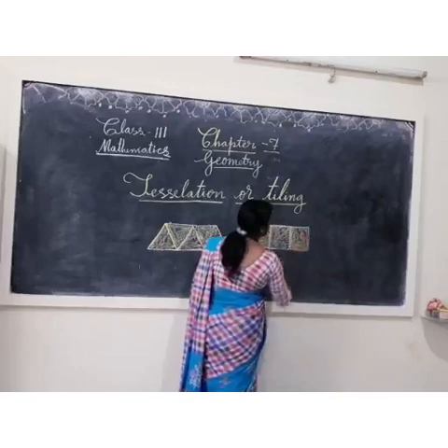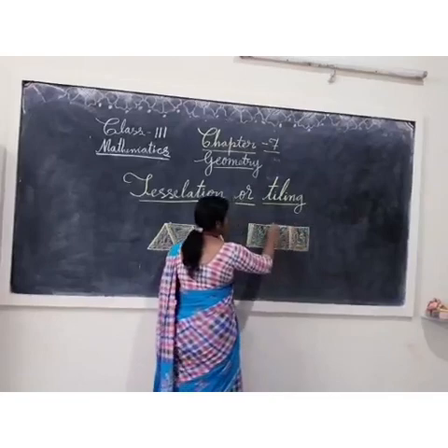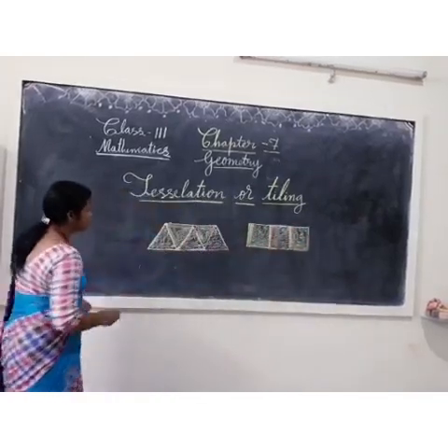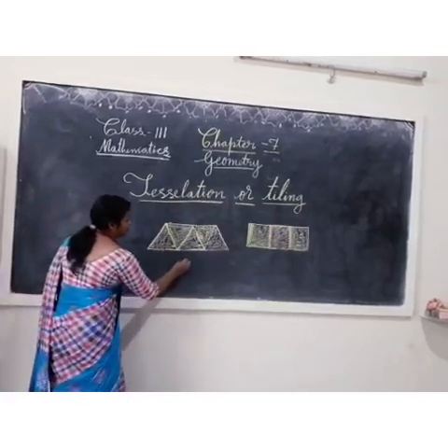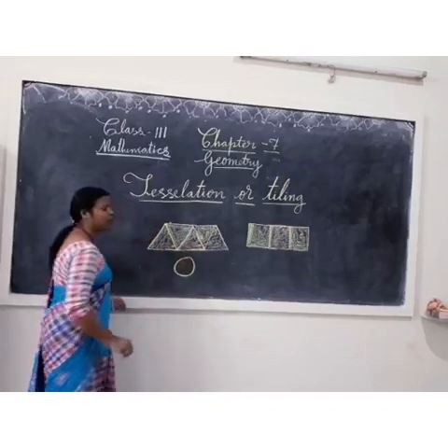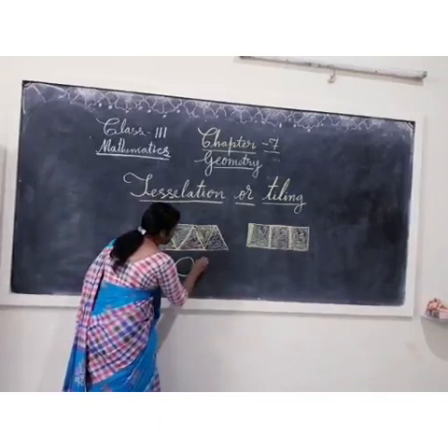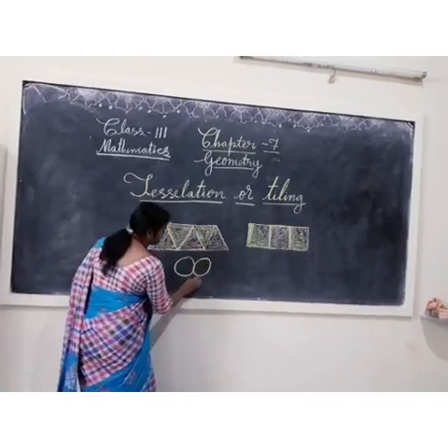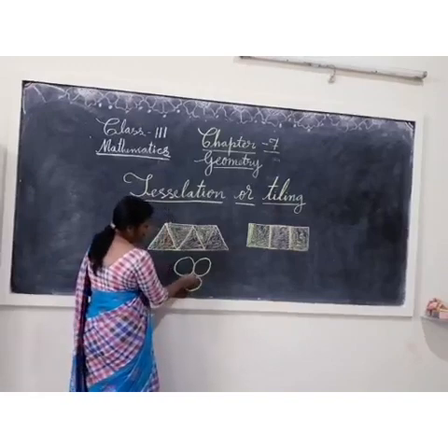Now we will see the circle. Circle is also a 2D shape, but we cannot make tessellation using the circle, because when we attach these, there will be a gap here.